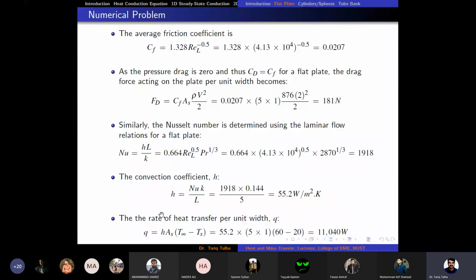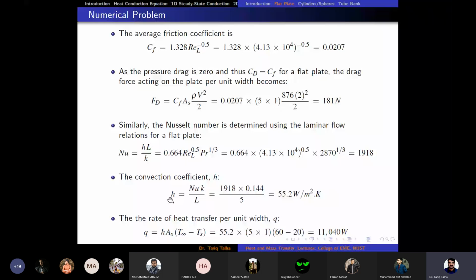So you understand from this numerical problem that the major thing we determine is whether the flow is laminar or turbulent, and then we apply those empirical correlations according to the situation to get the value of H, which was given to you in the problem data in the conduction analysis.